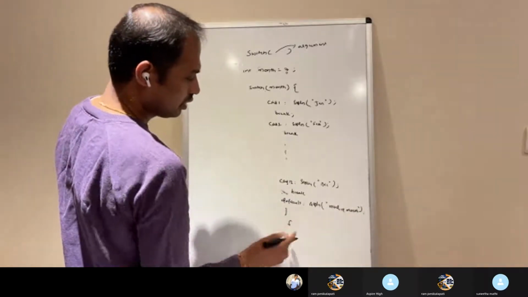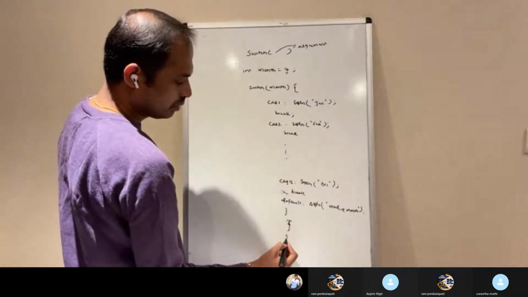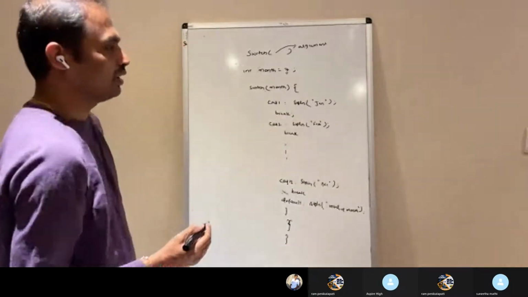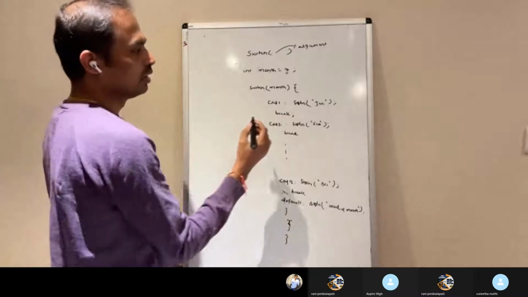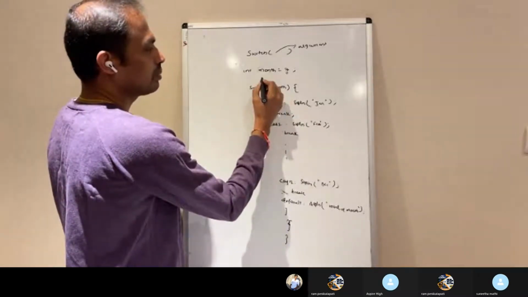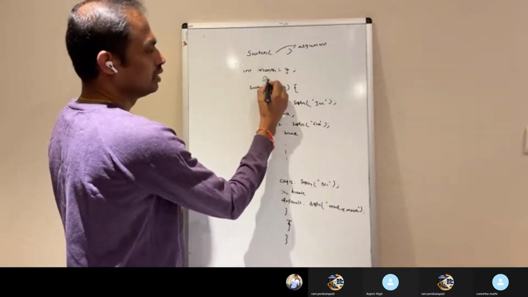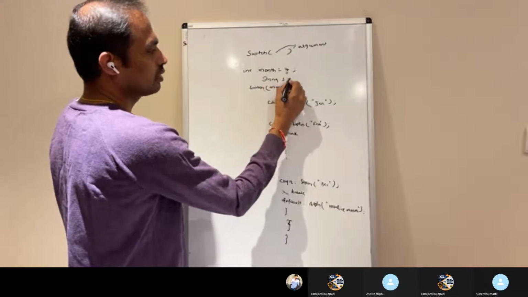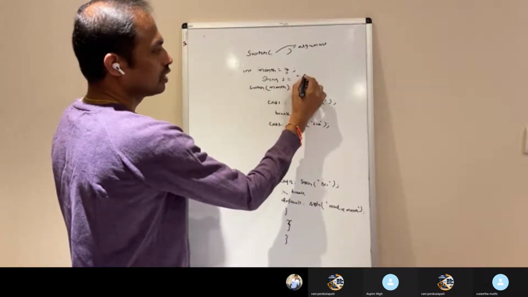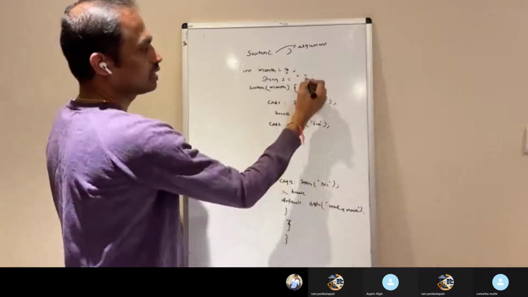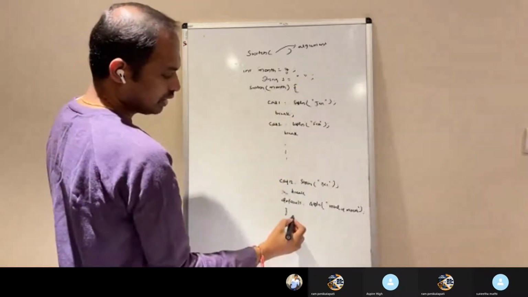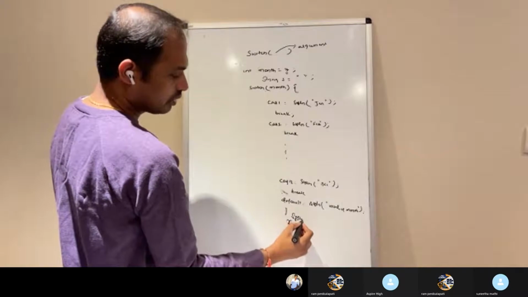We no need to print here, but if we are using the way which I have sent you in the first program, I'm initializing the string s is equal to null. So at the end here I can print system.out.println.